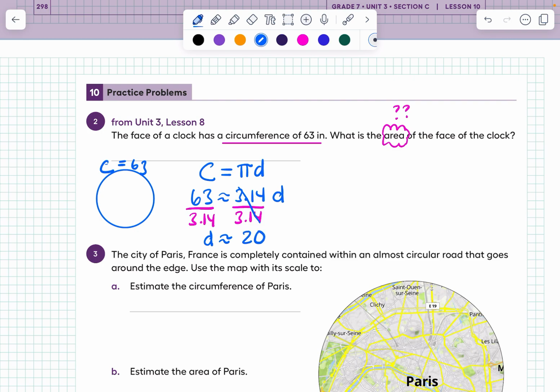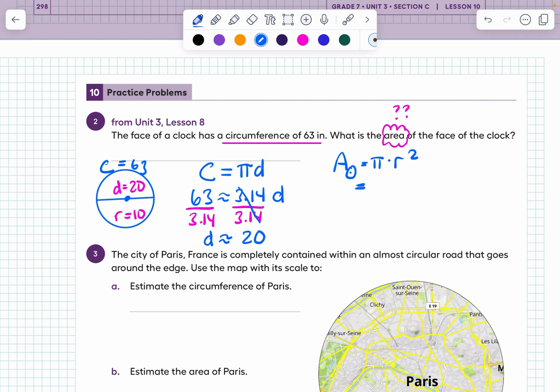So if the diameter of the circle is 20, if d equals 20, then that means r would have to equal 10. And now I can run my area of a circle formula, which is area equals pi times r squared.